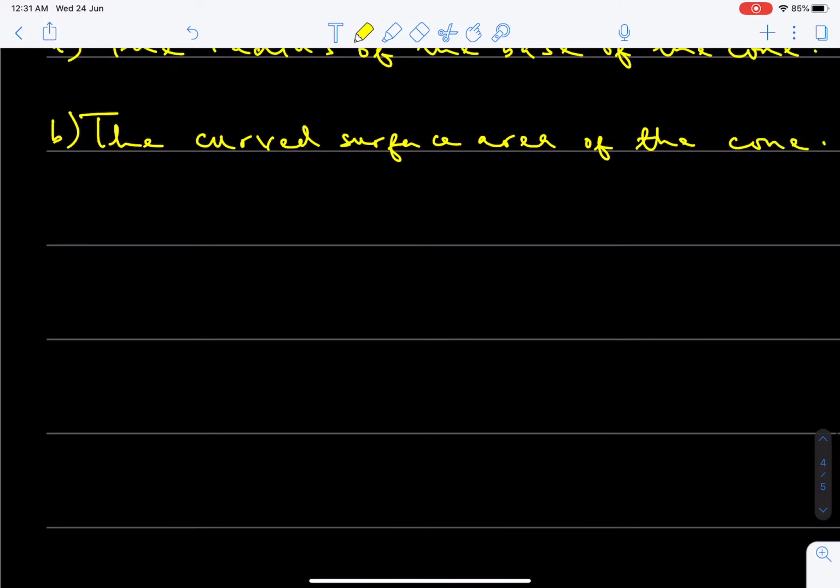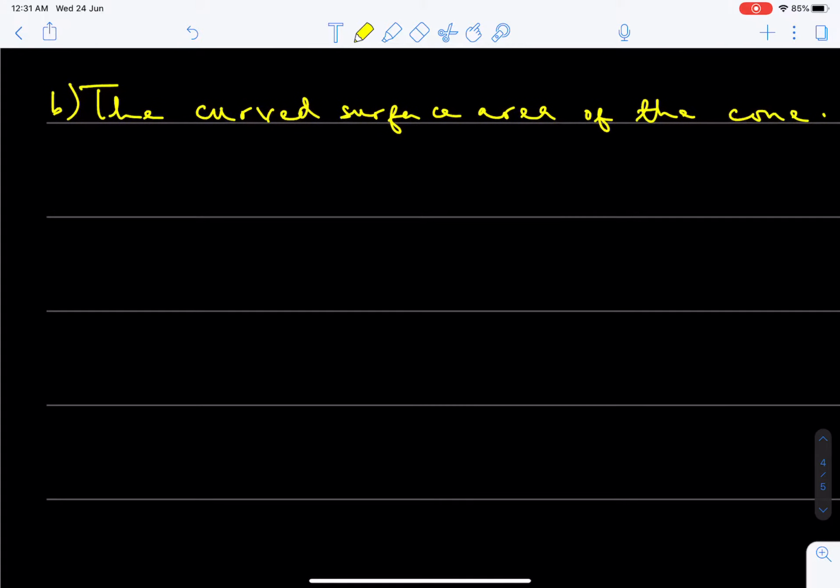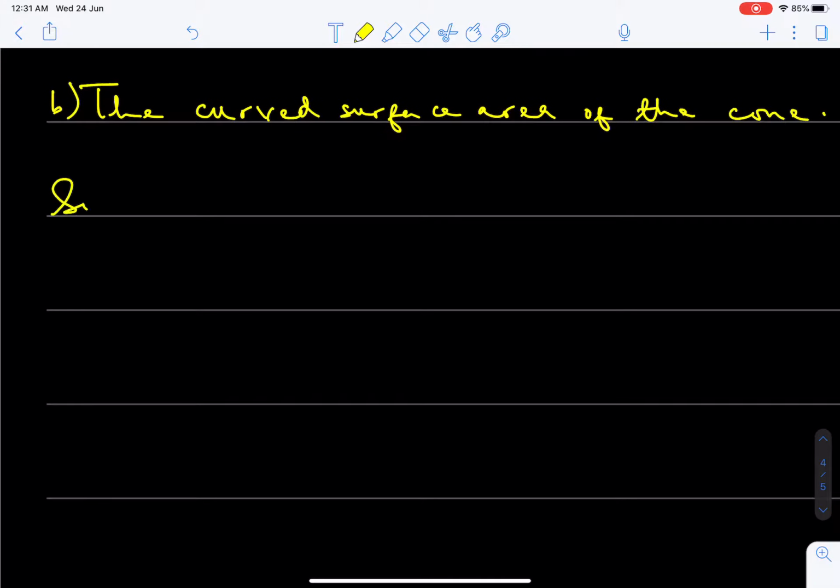Now let's see, that's another very simple one. We just need to know what the relationship between a cone formed from a sector is. Now let's go to the solution.